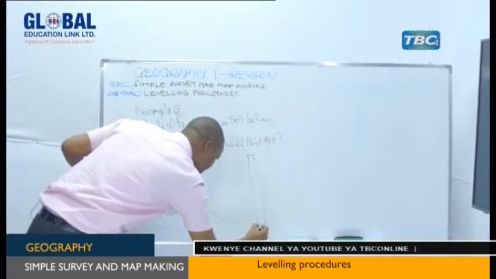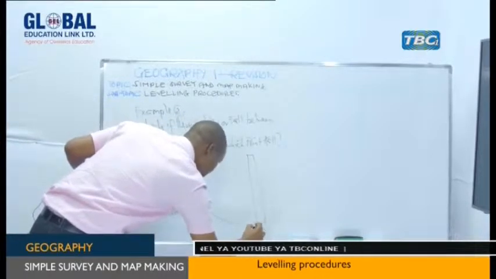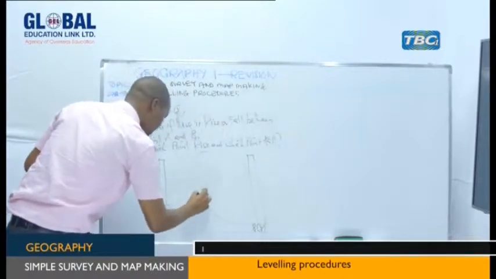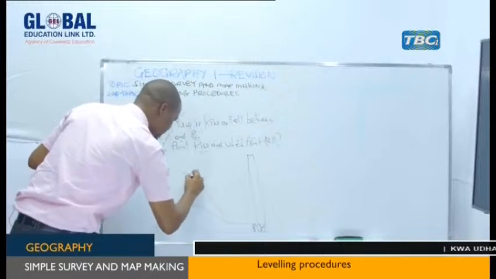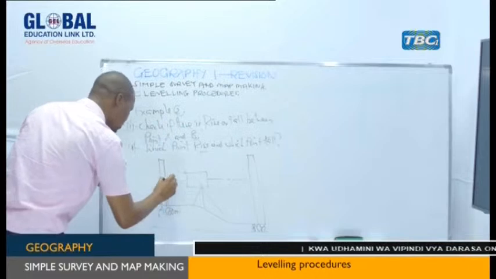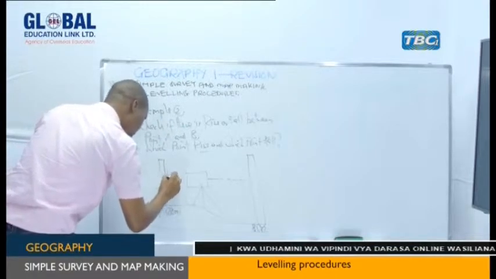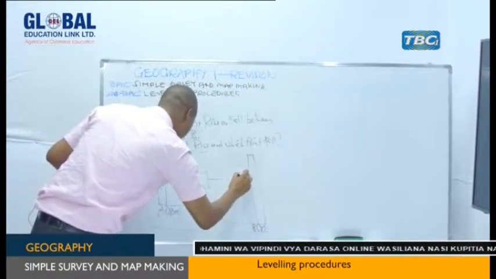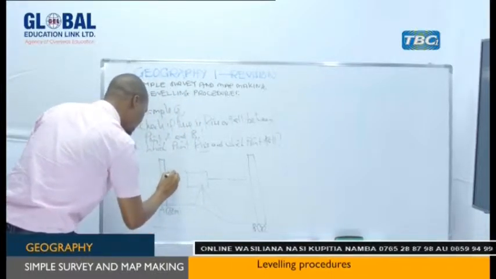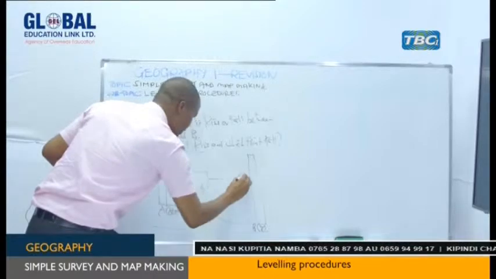Then we have, let's say point B, see? Then we have the leveling instrument right here. It reads maybe 12, and here 10.